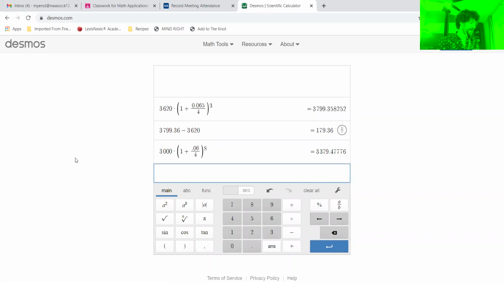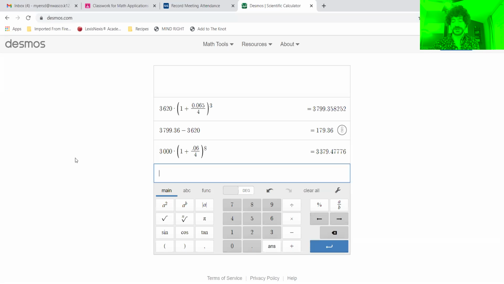And there it is. So after 2 years, the account will have $3,379.48. That's how much money will be in the account.